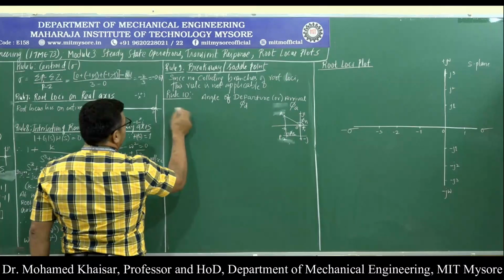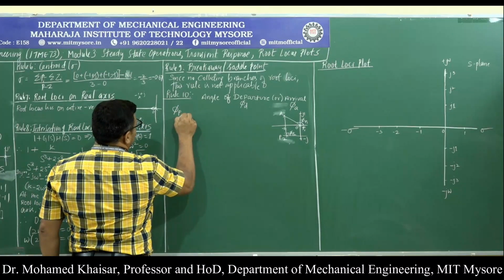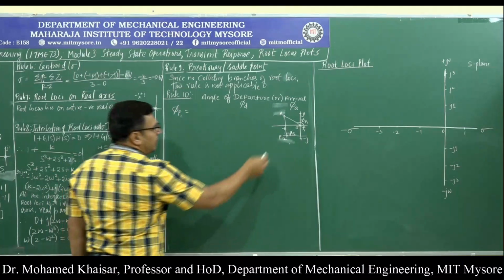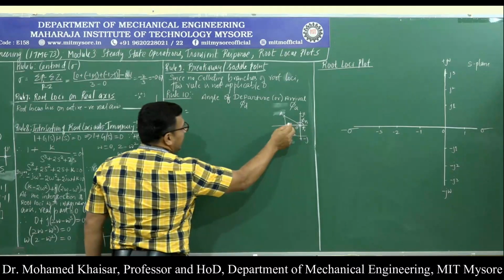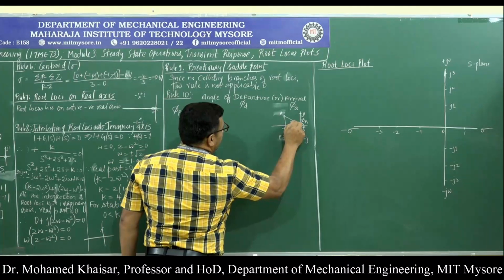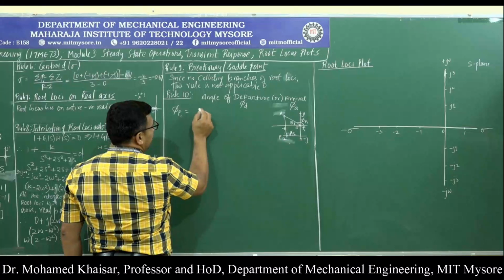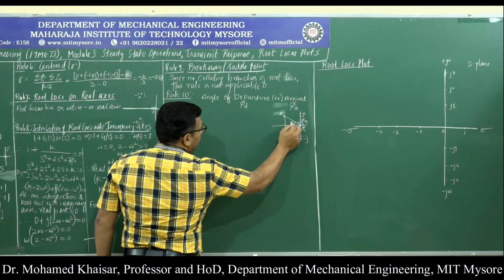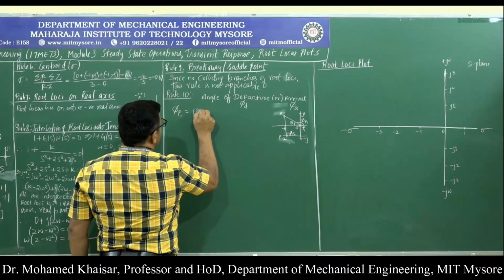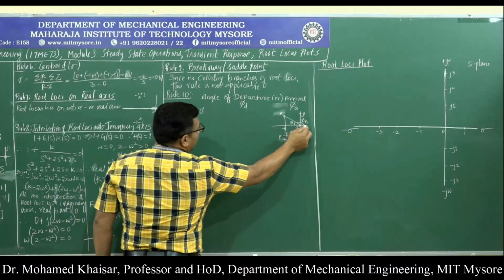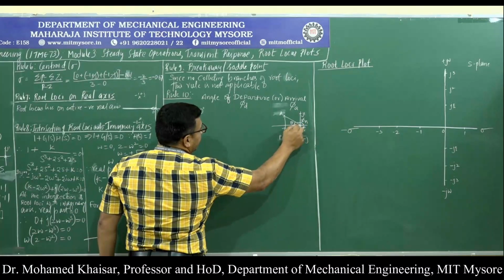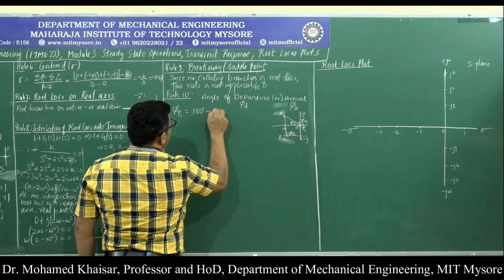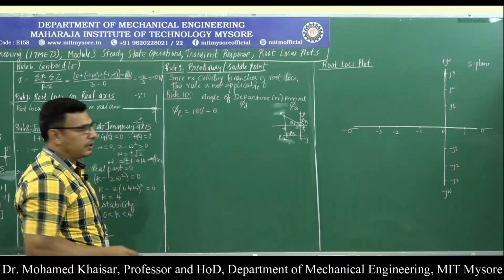Now phi P1 we will try to find first. What is this angle? If I name this angle as theta, then phi P1 will be equal to 180 degrees minus theta.